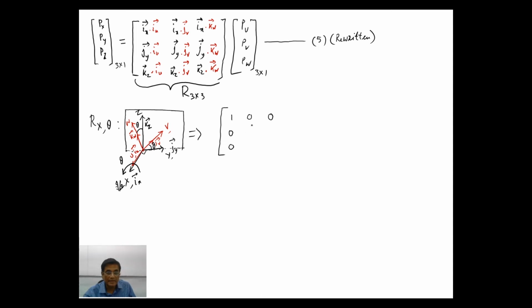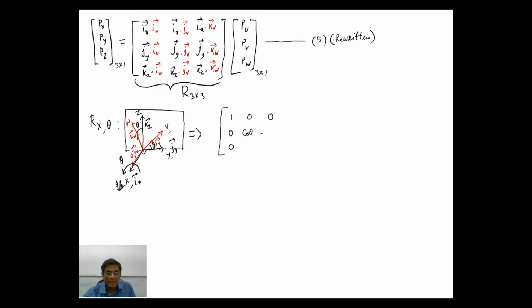Then you see jy and jv. jy is here vector, and jv is here vector, and the angle between them is theta. So this will be simply cosine theta. Then jy dot kw, jy is here and kw is here. So this is actually pi by 2 plus theta, that is 90 plus theta.